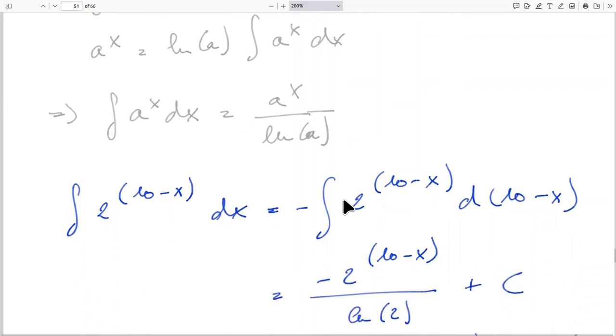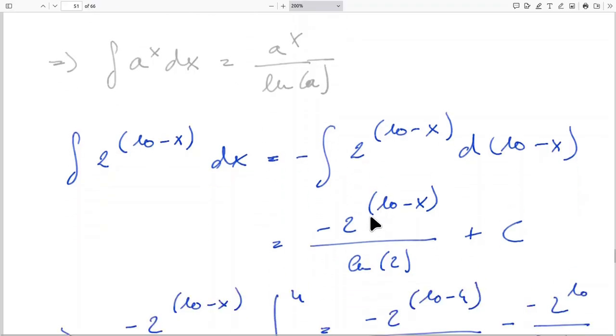So now that we know that, the integral of 2 to the power of 10 minus x dx is, well, that's the same as minus the integral of 2 to the power 10 minus x of d of 10 minus x. I can just plop in a constant and a negative here, provided that I put a negative here too.